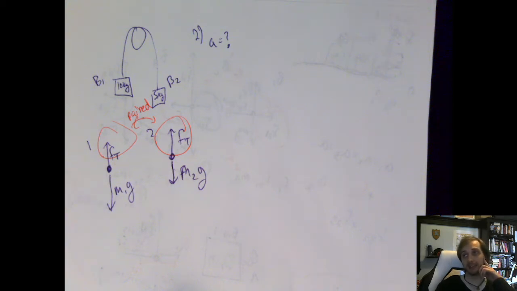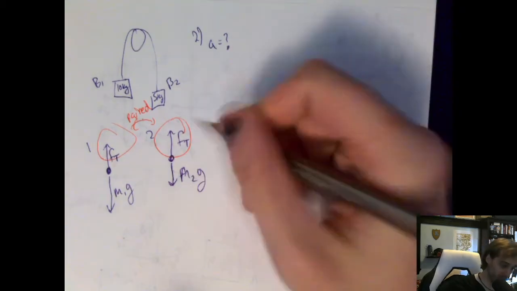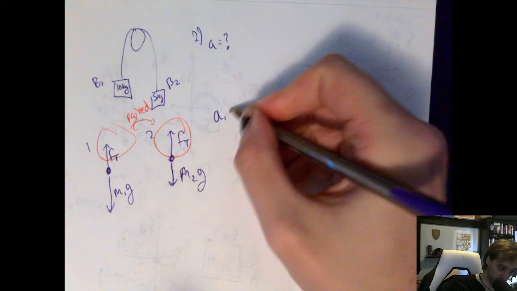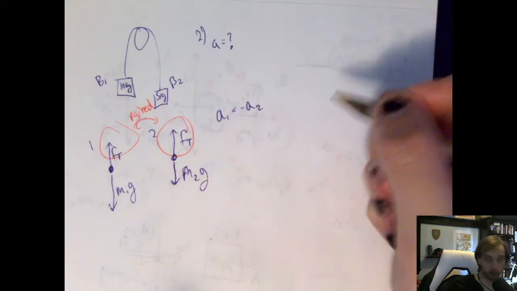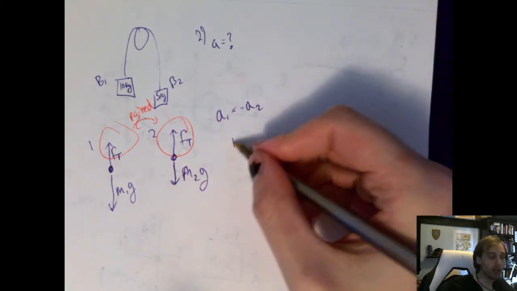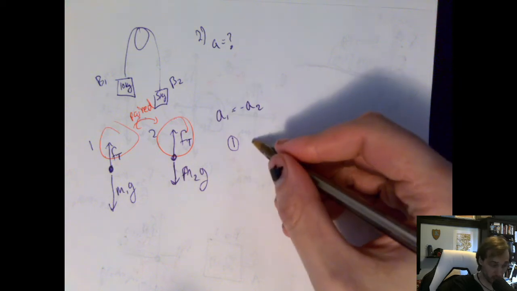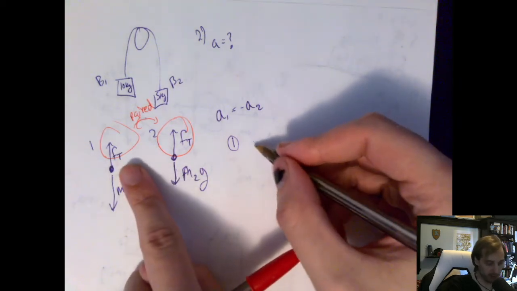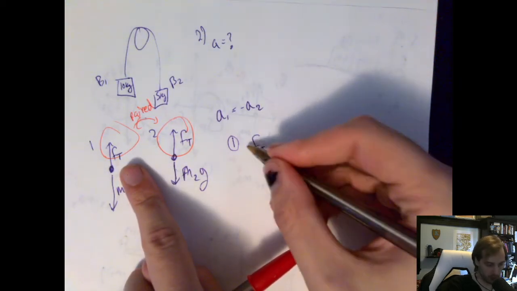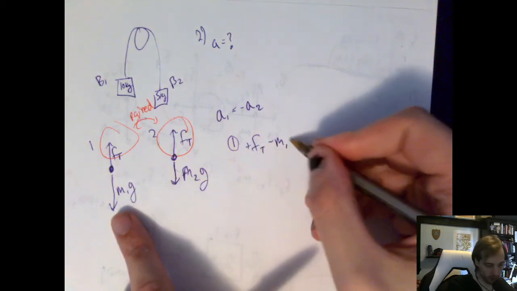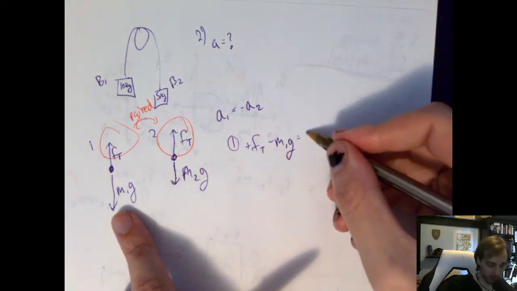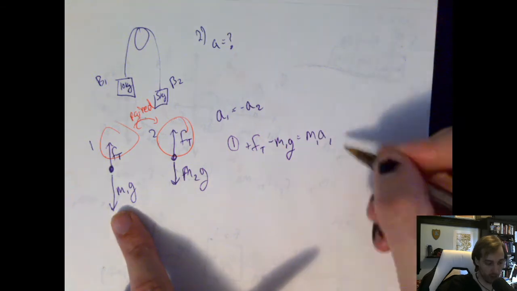What's particularly weird about this one is that, yes, they are moving together, but every time one goes up, the other one goes down. So if I'm trying to solve it in a more traditional way, the acceleration of 1 is equal to the negative acceleration of 2. I set up my equations for 1, which will be that Ft is going up, M1G is going down. That'll equal M1 times A1.